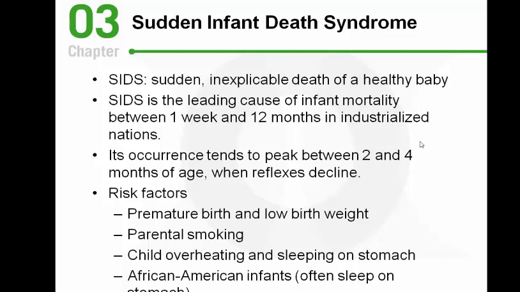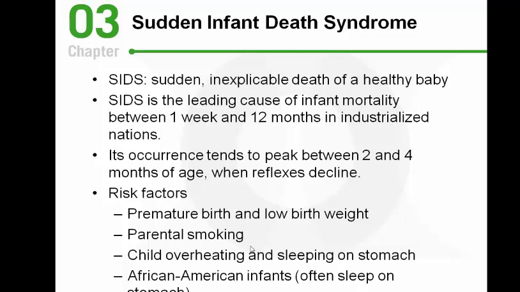Now, what are we going to do to try to reduce the cases of SIDS? Well, it talks about premature birth and low birth weight. So something we can do is make sure that moms have adequate prenatal care and adequate nutrition during pregnancy, trying to make sure that pregnancy goes to term as often as possible. Smoking is dangerous, so baby should not be in a home where parents smoke. Parents should try to stop smoking.